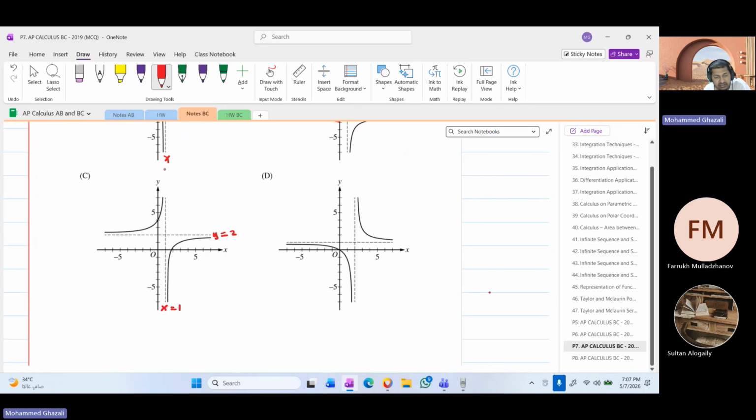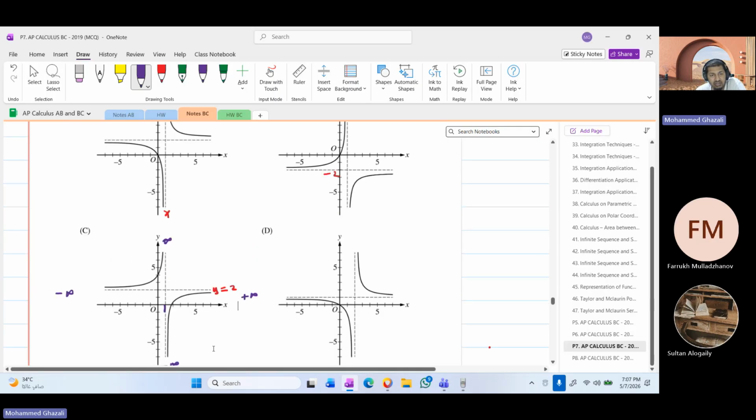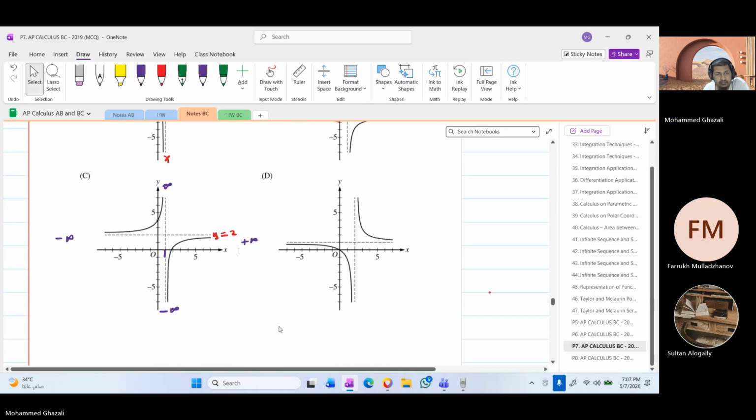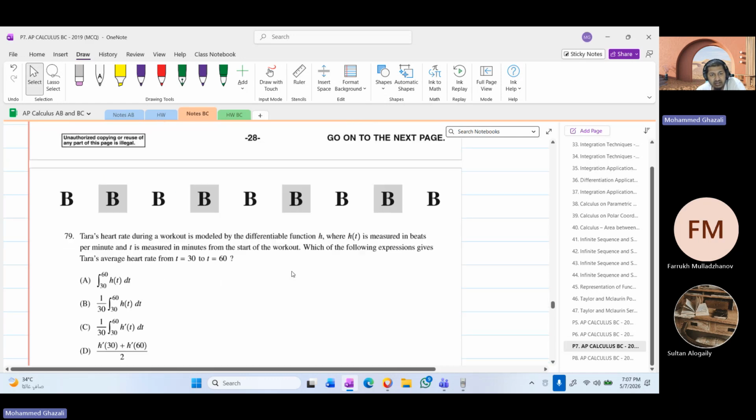Going towards positive infinity on the left and negative infinity on the right, as it approaches negative infinity this value approaches 2, and at positive infinity this value approaches 2, which is correct. So it's option C.